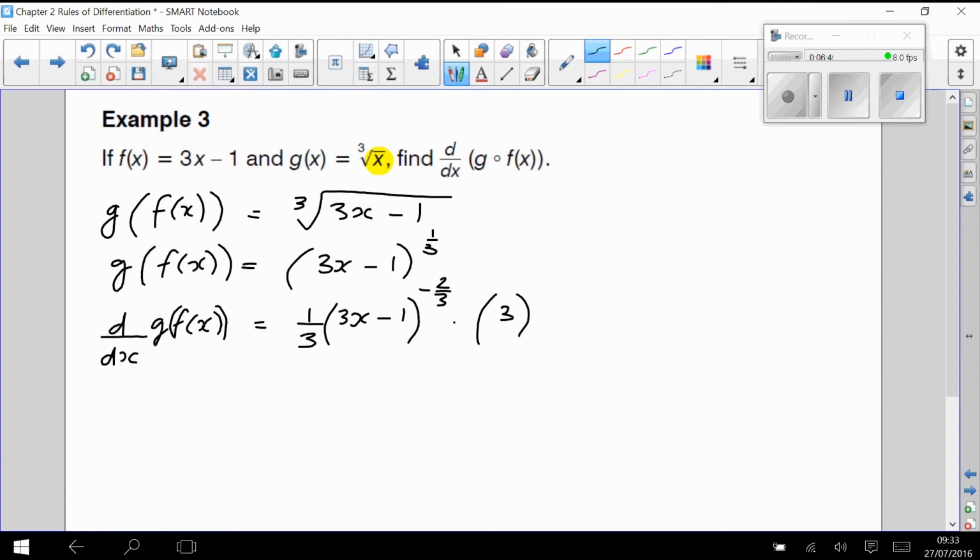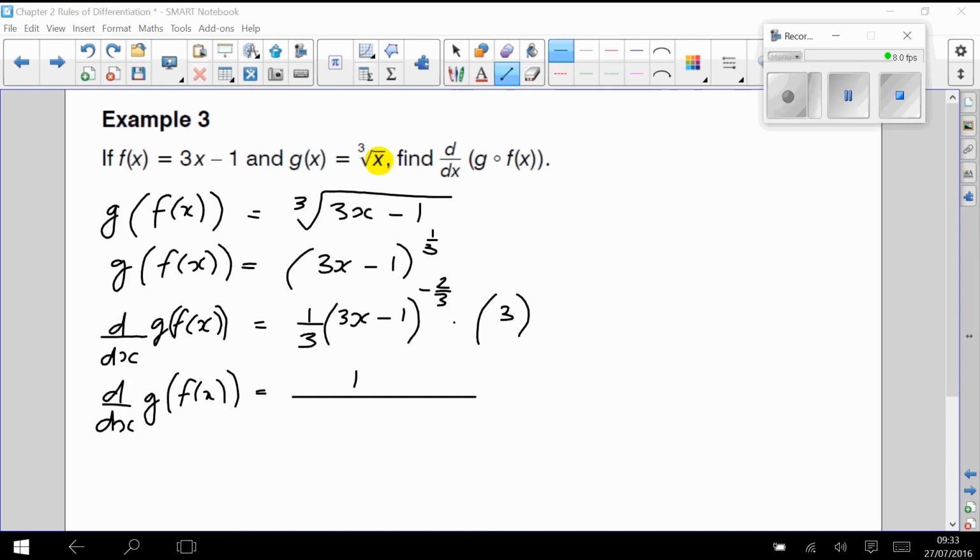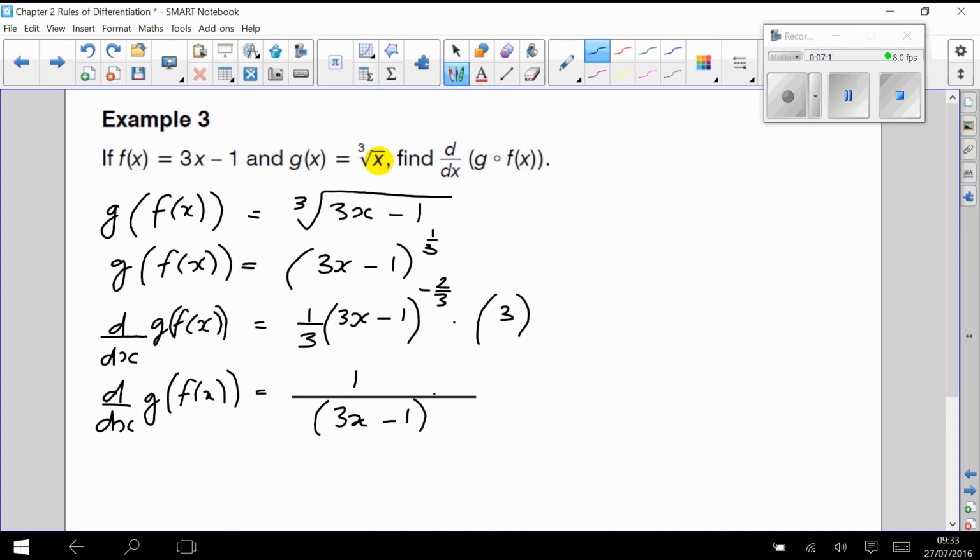I'm going to do the simplifying in 2 steps. So the derivative of g of f of x is going to be a third times 3 is 1. So in my numerator, I've got just a 1. If I write the bracket factor so that it has a positive exponent, in my denominator, I've now got 3x minus 1 to the 2 all over 3.